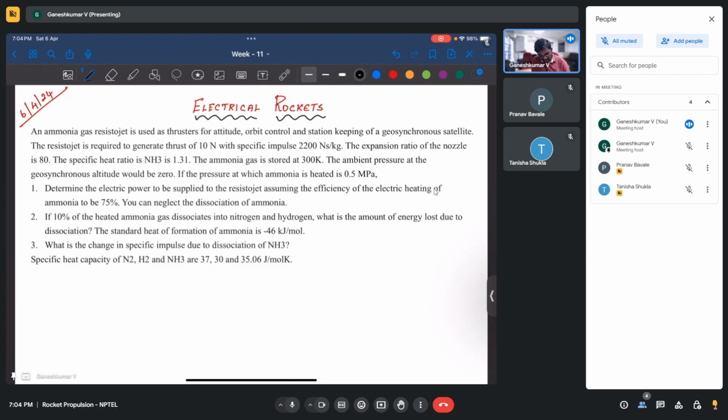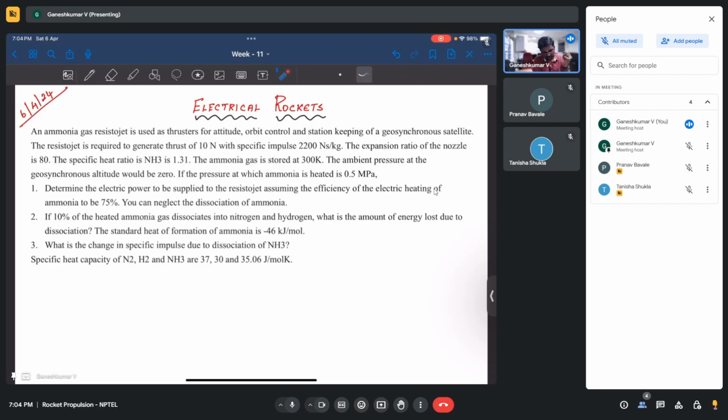So the question says that an ammonia gas resistojet is used as a thruster. A resistojet is something where, because of electrical resistance, we are trying to heat the gas, and here we have ammonia gas. These thrusters are actually used in attitude and orbital control and station keeping of geosynchronous satellites.